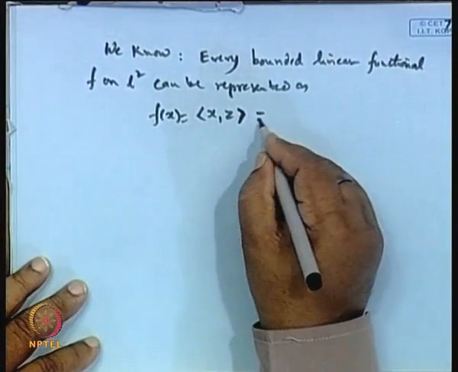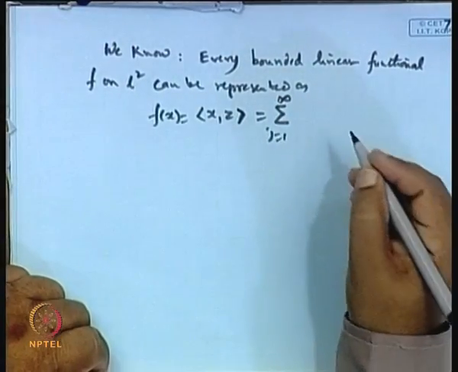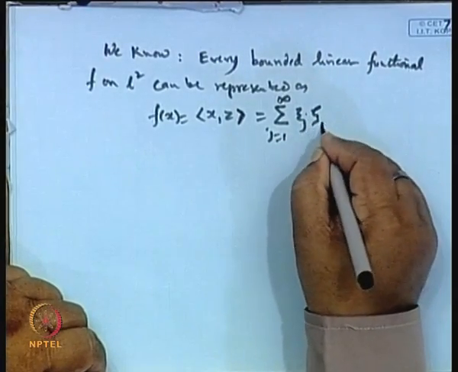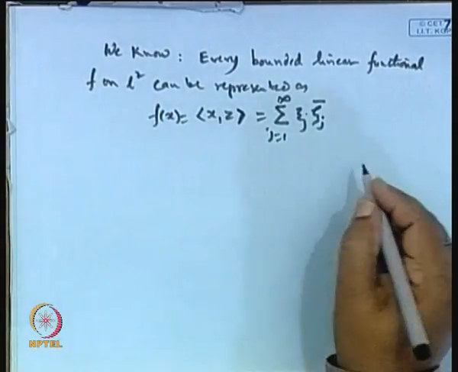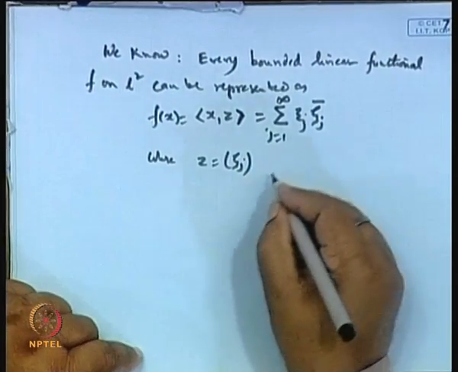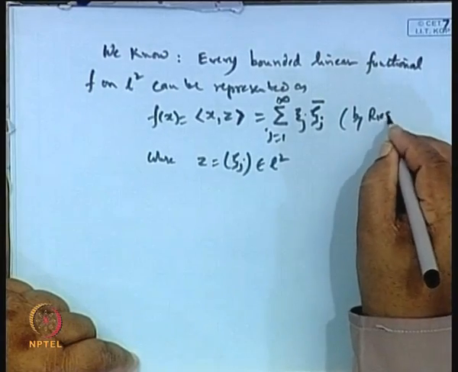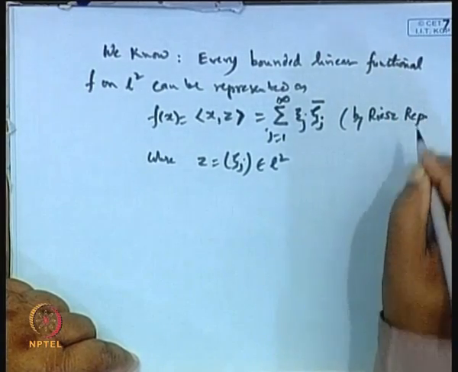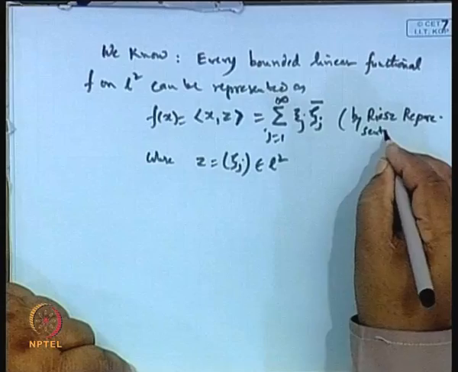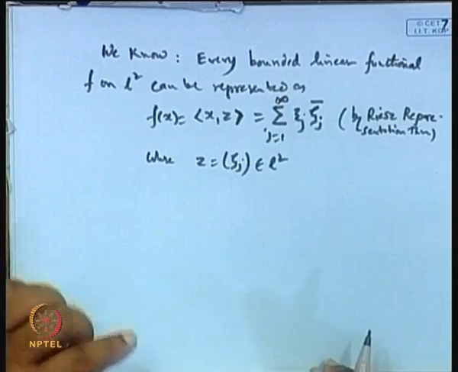So, the inner product will be the sum over j equal to 1 to infinity of xi_j zeta_j conjugate, where zeta_j is an element in L2. This is by the Riesz representation theorem.